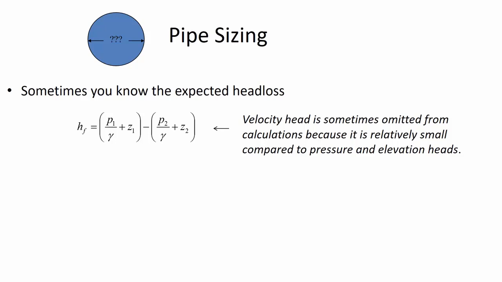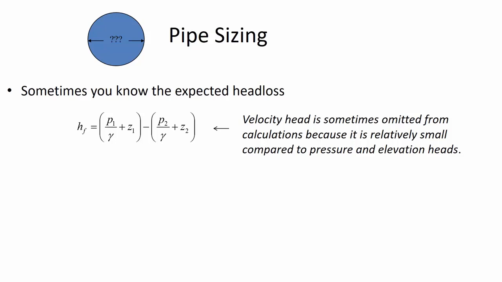So this is an expected head loss. The h sub f is all of the energy that was at 1, and it's going to be expended over the transit to location 2 as friction loss. There will be a little bit of energy in the velocity head, but you remember at the end of fluid mechanics last semester, we looked at how much energy is really in velocity head, v squared divided by 2g.